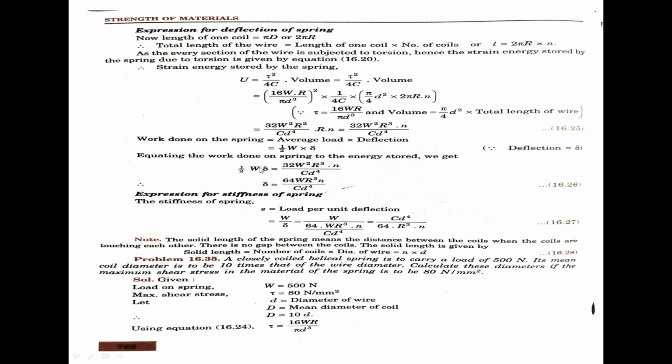Finally, U equals work done, W by 2 into the deflection. Finally, we calculate the deflection delta equals 64 W R cube N by C d power 4. This is the deflection of a closed coil helical spring. We calculate it using equation 16.26.